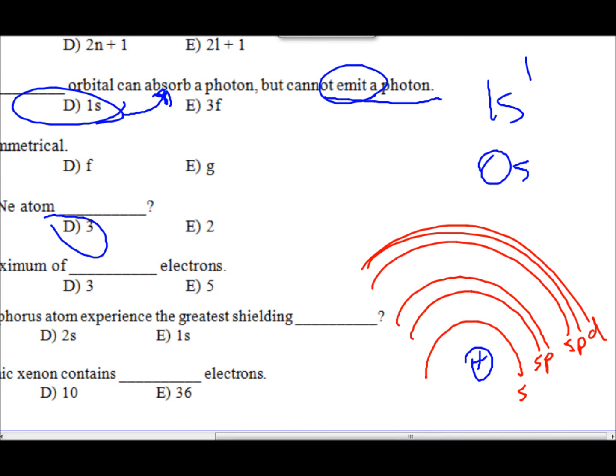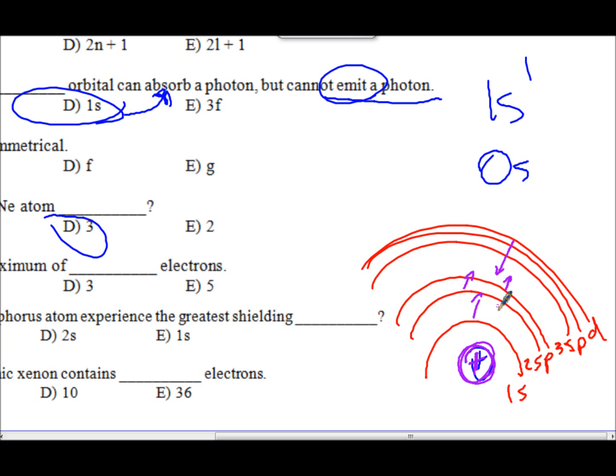So here's the nucleus. We have 1s's, 2s's and 2p's, 3s's and 3p's. And each energy layer is shielding the nucleus. So these guys are being pulled in, but everything in here is pushing them away. All of these energy levels are pushing them away. We call that the shielding effect, where outer layers are shielded from the nucleus by the inner layers of electrons.